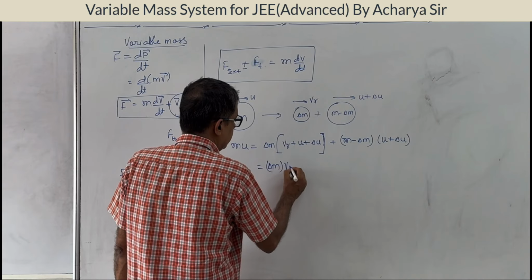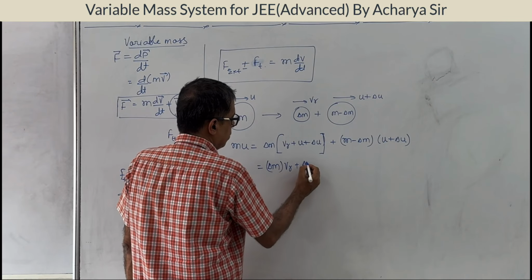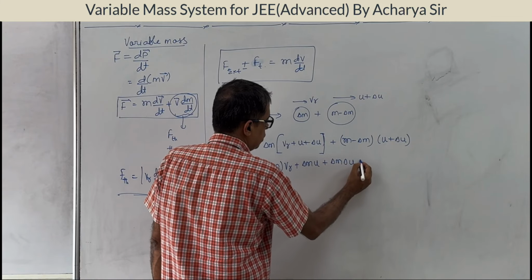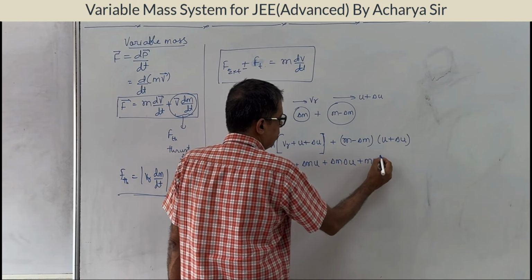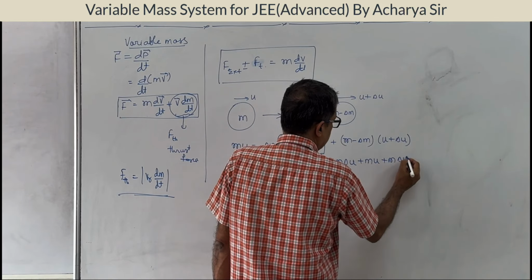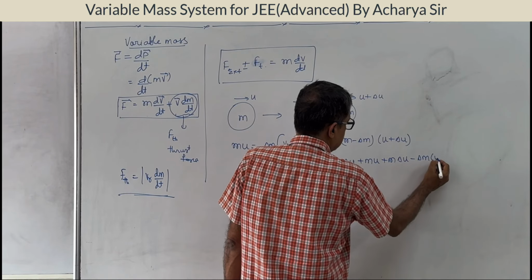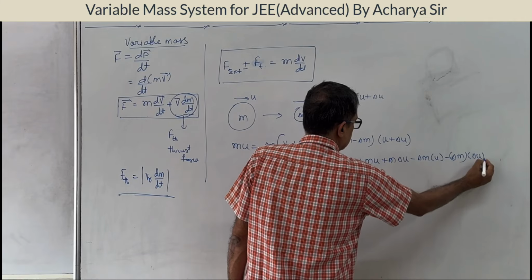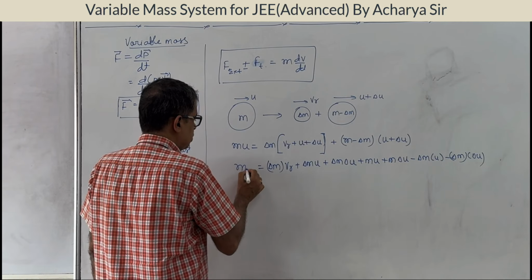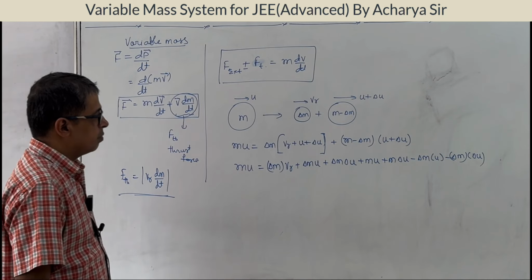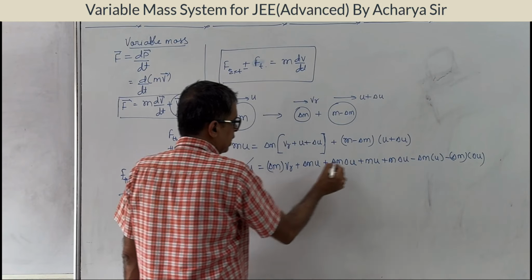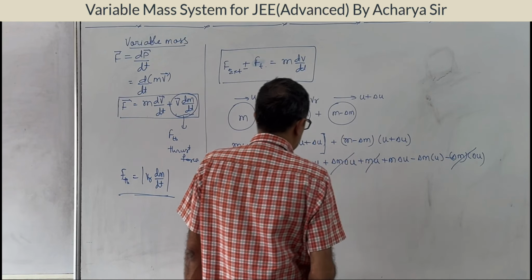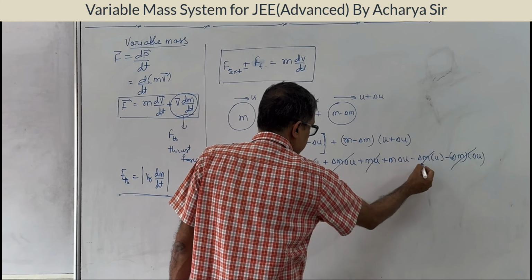Delta m into Vr plus delta m into u plus delta m into delta u plus m into u, plus m into delta u, minus delta m into u, minus delta m into delta u. This is m into u. Basically, you cancel out delta m into delta u and delta m into u.